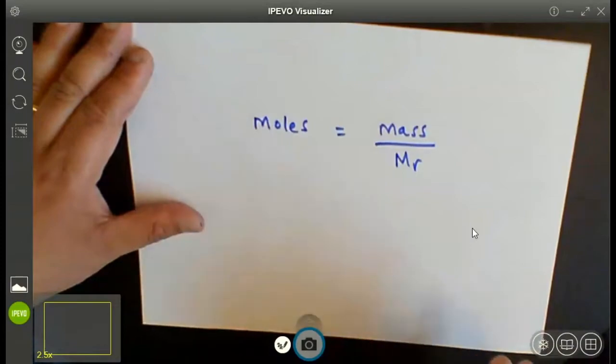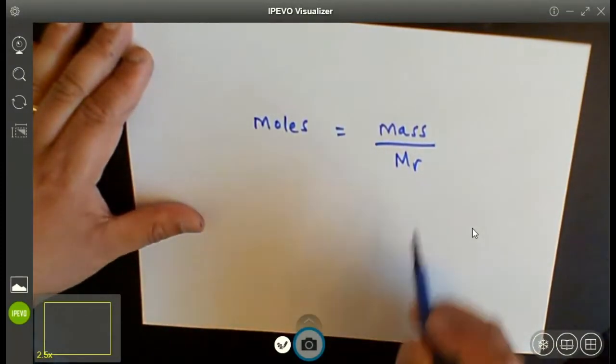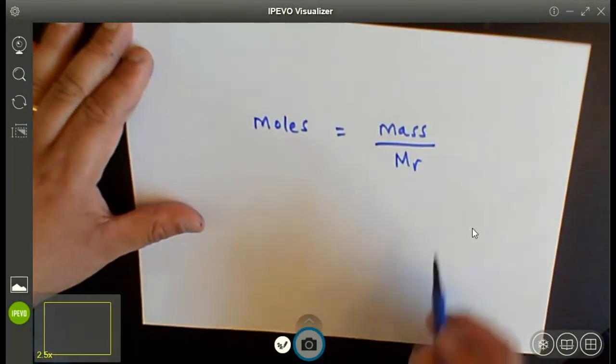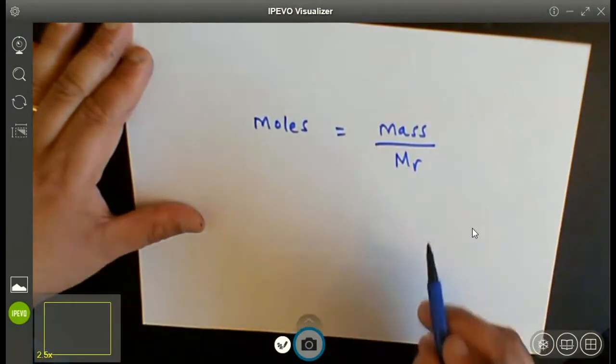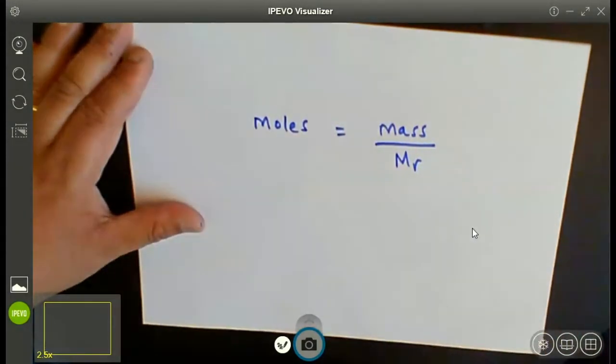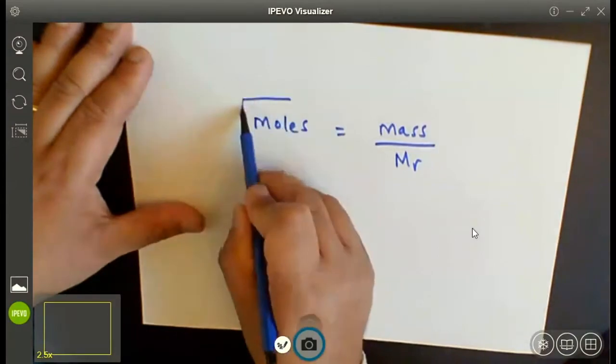You might have 2 or 3 elements in the compound, and you've got to work out the molecular mass of that. Or you'd have a relative atomic mass. It doesn't matter what you've got there, but then you've got the mass, which you'd obviously weigh out, and you can work out the number of moles. So you have seen this before.